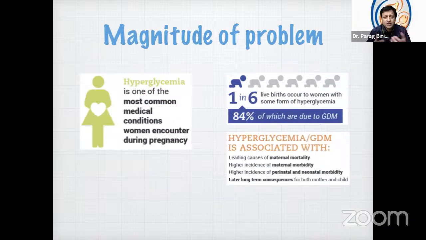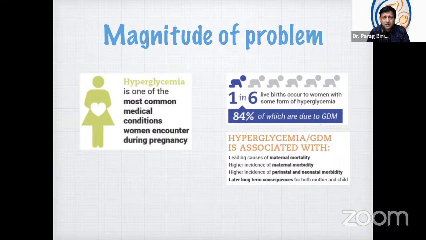Let's first understand the magnitude of the problem so that we know how important it is for all of us to understand that this is a situation which is here to stay and we have to put our best efforts to control it. Hyperglycemia is one of the most common medical conditions women encounter during pregnancy, more so in our country because we know that we are the diabetic capital of the world.